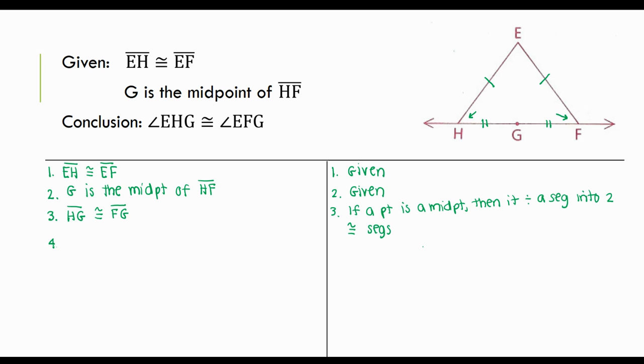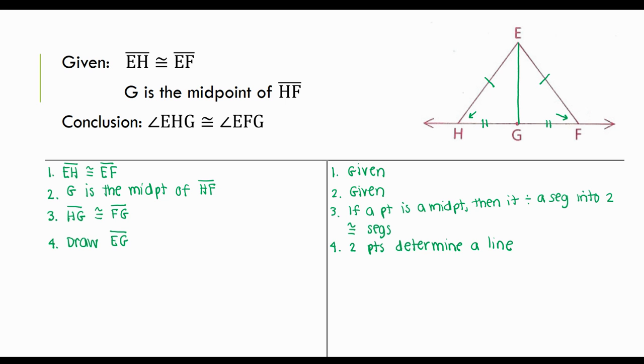Notice that I can draw in the segment EG. So if I go from E to G, I've now created two triangles. The reason I knew I could draw that is because two points determine a line. It's one of our new postulates that we talked about.